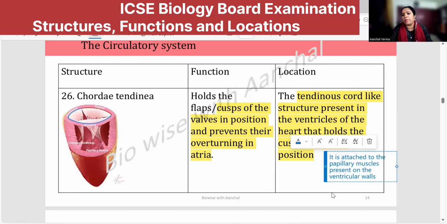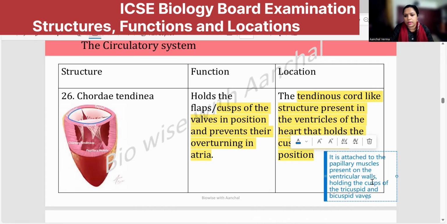It is attached to the papillary muscles present on the walls of the ventricles, and then you can write, holding the cusps of the valves, the tricuspid and bicuspid valves.